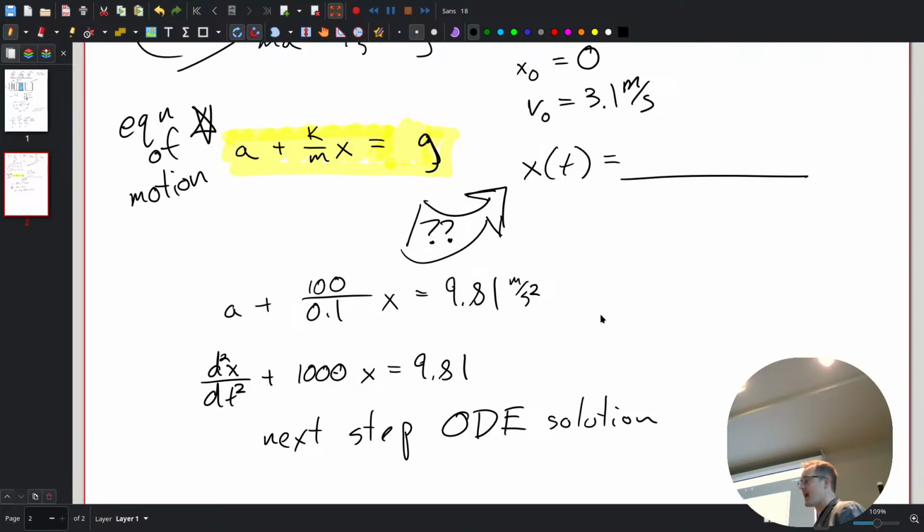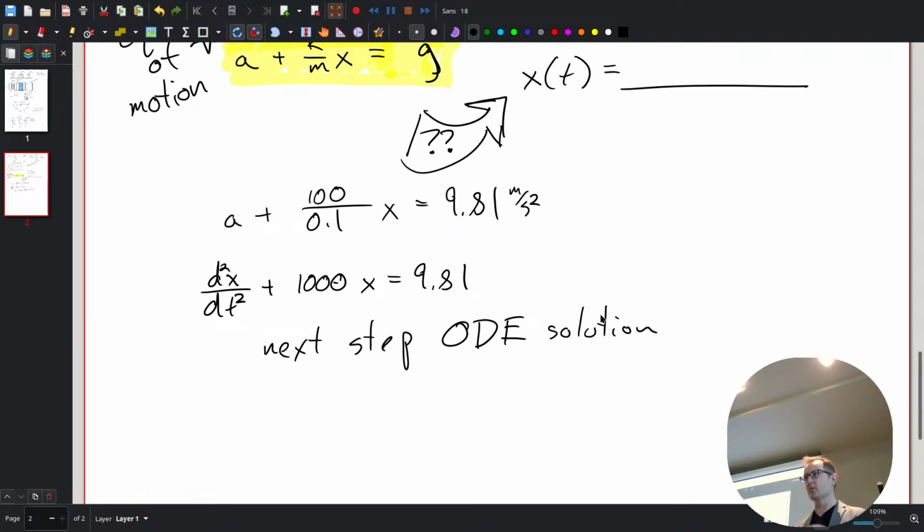The end result was that we have an ordinary differential equation. This one happens to be linear, so it's super ordinary. Just your run-of-the-mill, see it every day. It's the Dunkin' Donuts of differential equations.